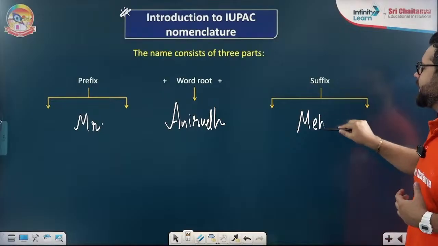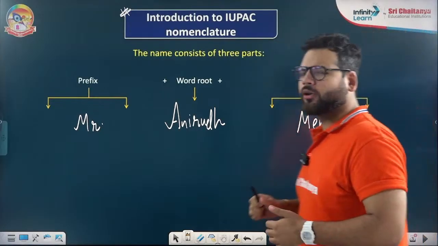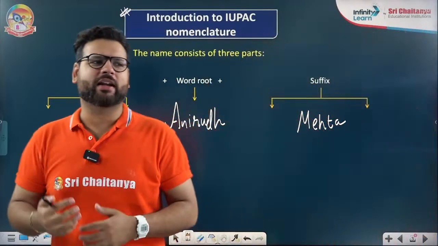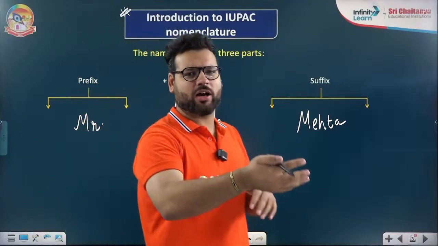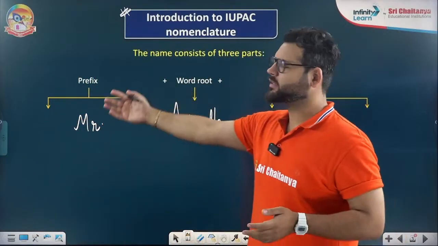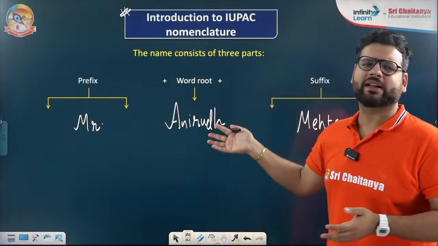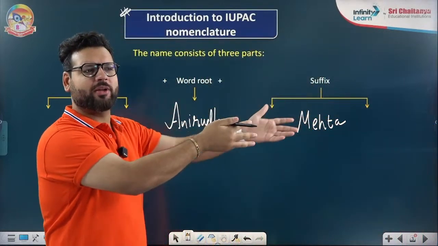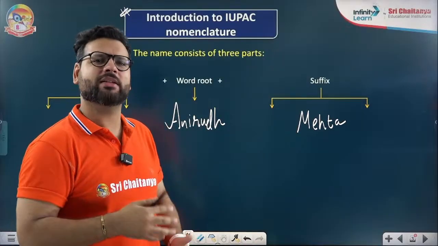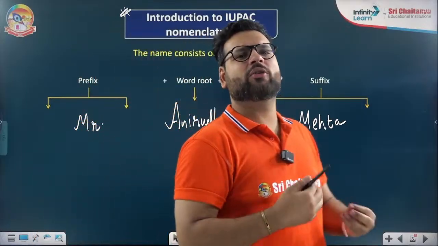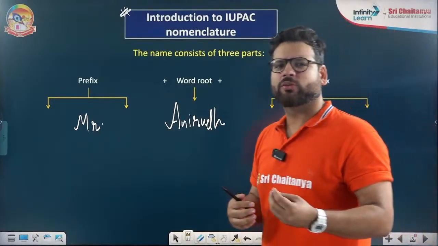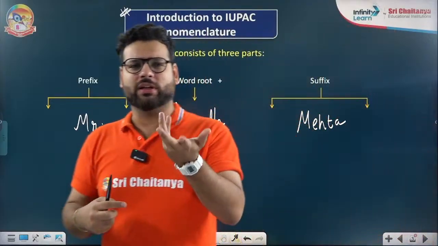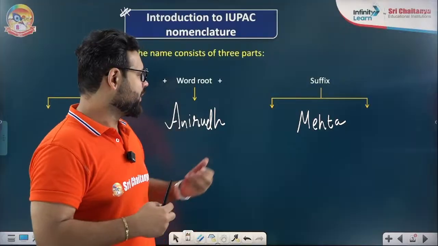In the same way, most of you also write your names like this only. You will be writing Dr. Yella Sudhakar. Doctor will be your prefix. Yella will be your center name or word root. And whatever comes at the end, Sudhakar, that will be your surname. Surname means suffix. Many of you might have slightly complicated names where you might include 2 surnames.